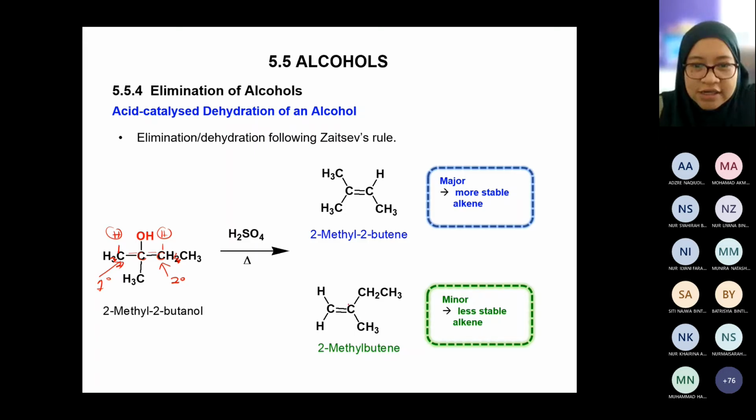This is another option, like I said just now. When it gets complicated, students start to get confused, but actually the option is either at the front or at the back. So this will be the major and this will be the minor. Why is it minor? Because it does not follow the Zaitsev rule. So these are the conditions that you have to remember.